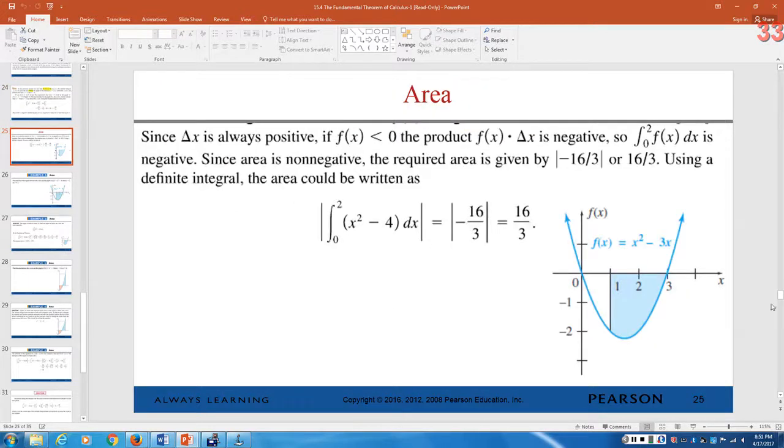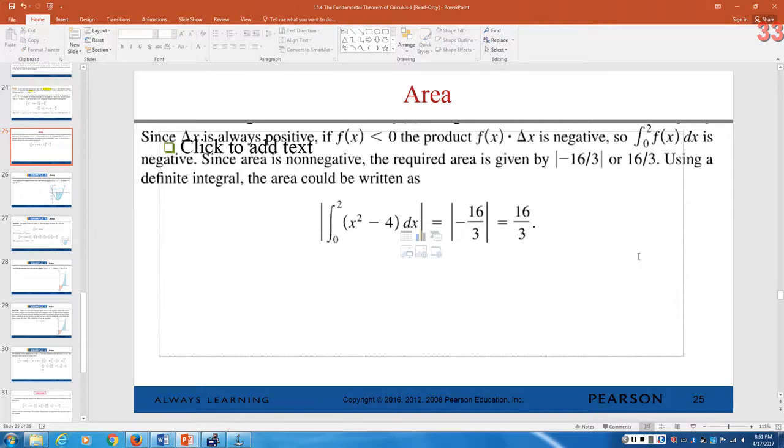There is one caution. This function, x squared minus 4, if you evaluate it from 0 to 2 or from wherever to wherever, the problem with this function, or not this function, that's the wrong graph, sorry. There's nothing wrong with that one, that one works just fine.